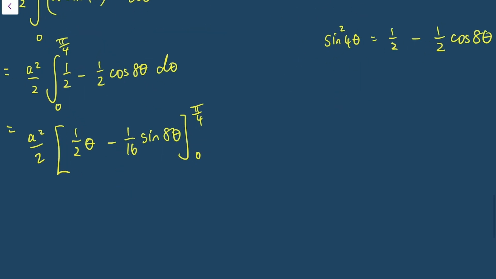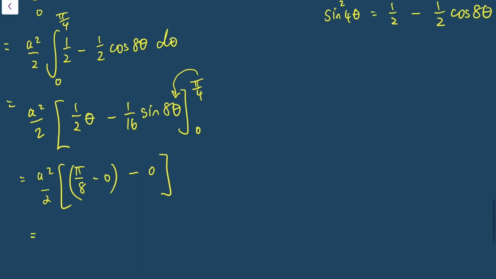And then if I sub this in, get a squared over 2, I'm subbing in pi by 4, so I get pi by 8. And if I sub in pi by 4 there, it's going to give me 2 pi, which is 0. And then when I sub in 0 into both of those terms, I just get 0. And so my final answer for this question is a squared pi by 16.